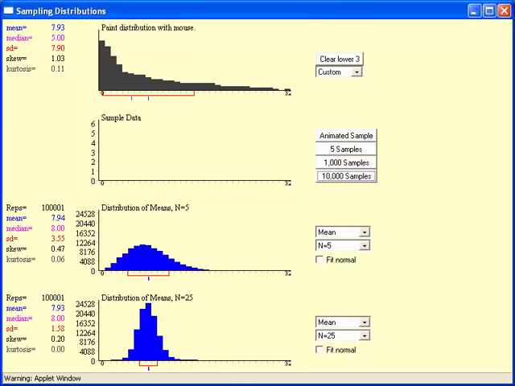There we go. Now, if you happen to have a population that has got a really nasty skew to it like this one, probably a sample size of 30 is not going to be big enough. But that's an extreme situation. So that's why I'm telling you sample size of 30 or more is just a guide. It will usually work just fine.